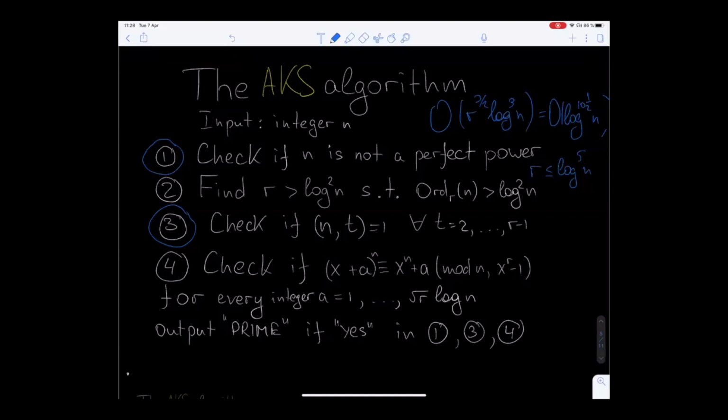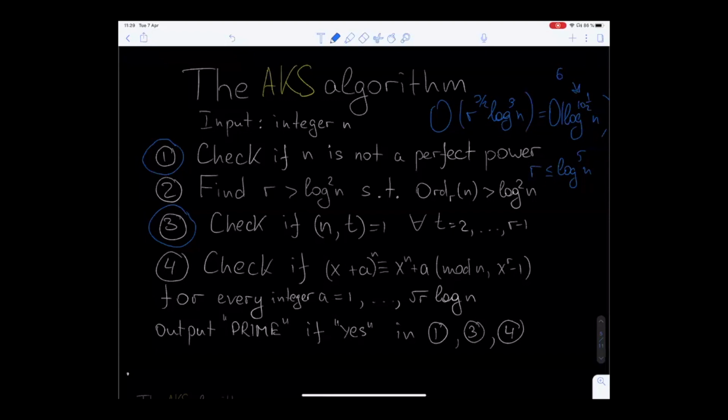Speaking of the exponent, the best we can hope for somehow is 6. I think that this was eventually reached by someone, I don't remember who, basically by improving step 2.